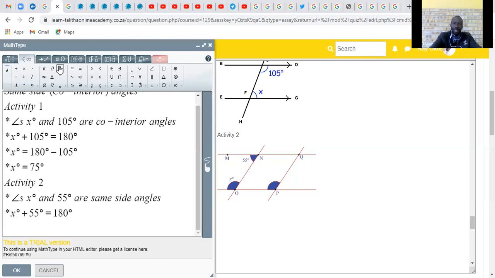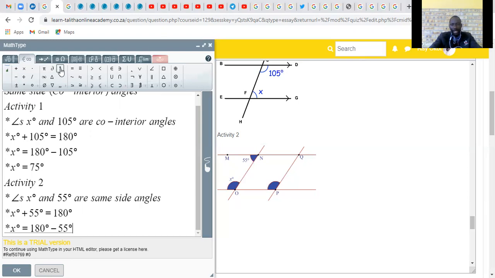So from here, we can go ahead to calculate for x. Well, here x is going to be calculated when we transfer 55 from the left-hand side to the right-hand side. That means x will be alone on the left-hand side. Then on the right-hand side, we are going to be having 180 degrees minus 55 degrees.